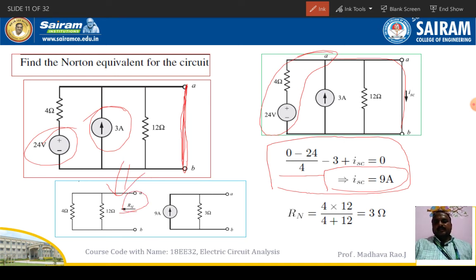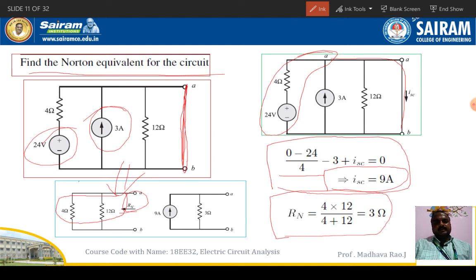So for the equivalent resistance, these two, 12 ohm and 4 ohm, are parallel. Applying the parallel resistance technique, 4 into 12 by 4 plus 12, that is equal to 3 ohm. Next, finally, the Norton's equivalent circuit.